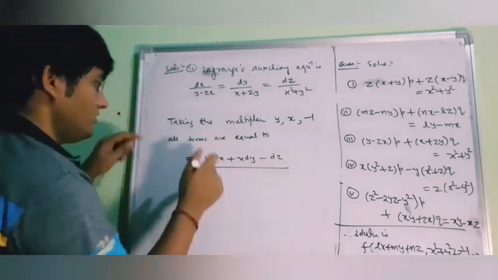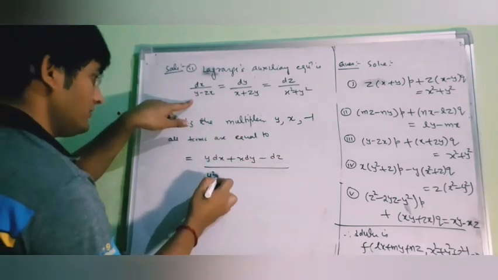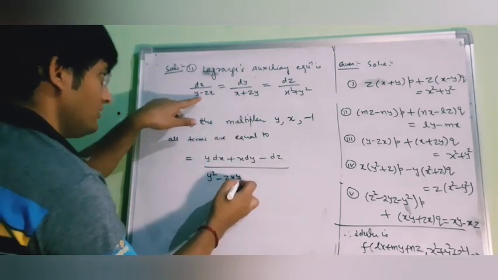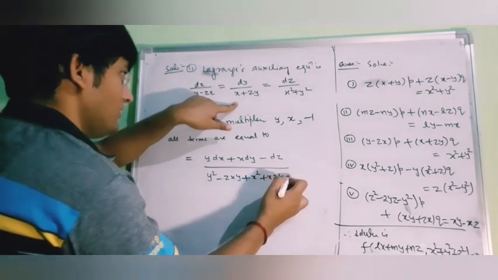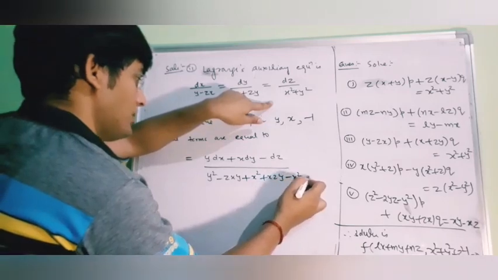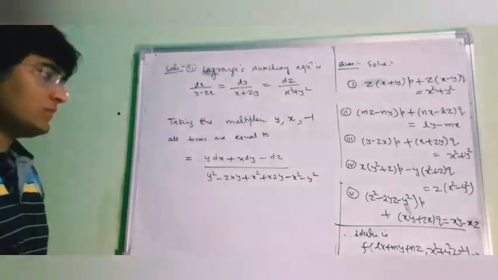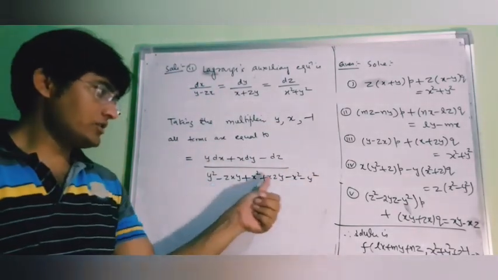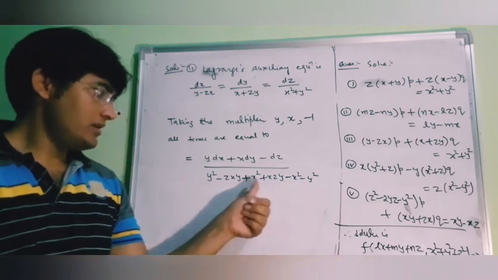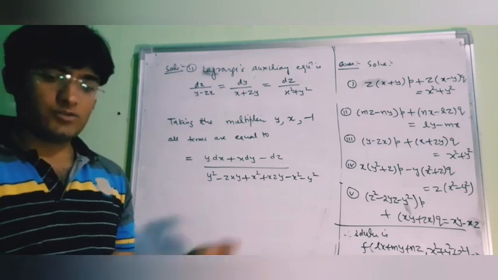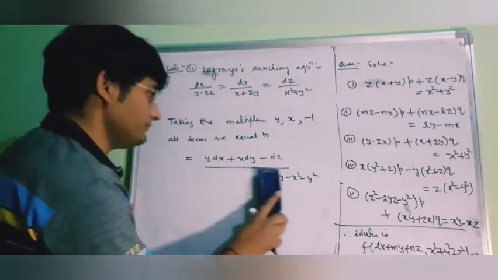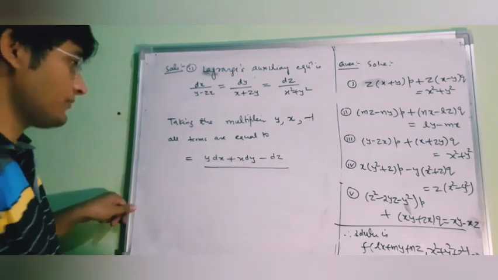Now here you will see that this is your y square minus zxy. Now here you will get x square plus xzy and minus x square minus y square. Again you will see that y square and y square are cancelled, x square and x square are cancelled, xzy and xzy are cancelled. So that means this is your 0.